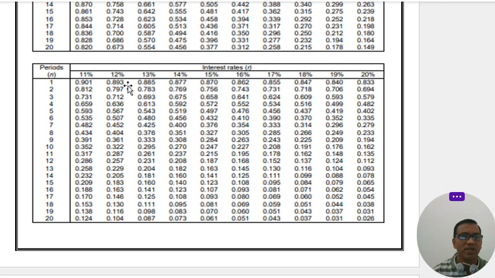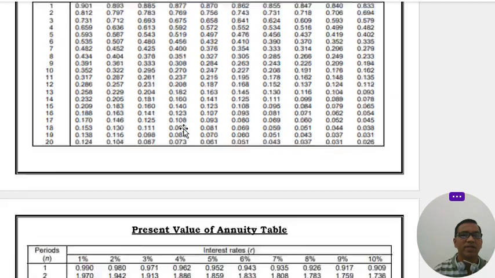First year 0.893, second year 0.797, third year 0.712, fourth year 0.636, fifth year 0.567.